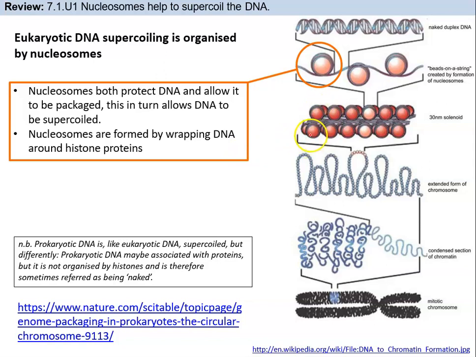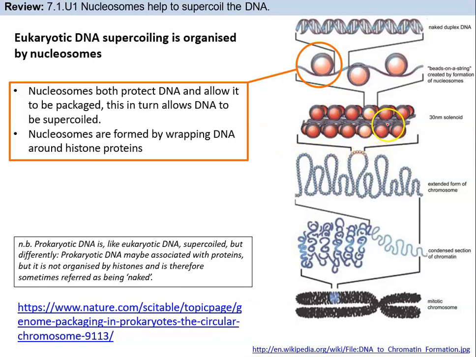That H1 histone also is called a DNA linker because it has the function for making this 30 nanometer solenoid. We will have more explanation and conversation on this matter in the next slide as well.